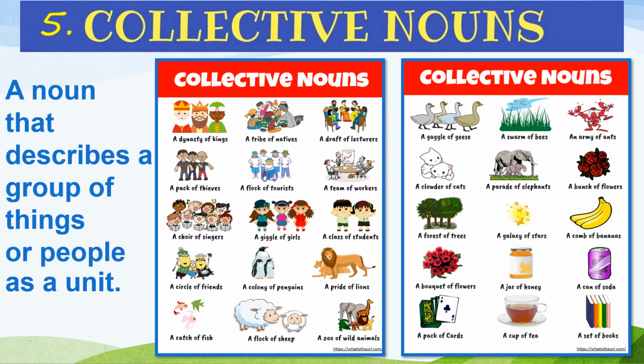So the word team is a noun that describes a group of people as just one unit. So the word team is a collective noun. Also the word family. It is only one noun, but it describes a group of people and we talk about them as one unit. Here we can say, for example, a comb of banana, okay? An army of ants.